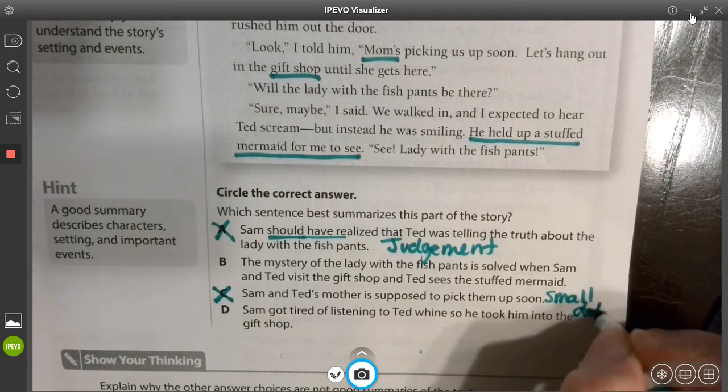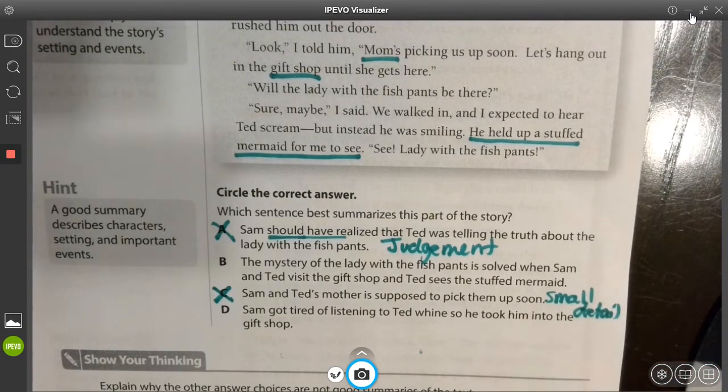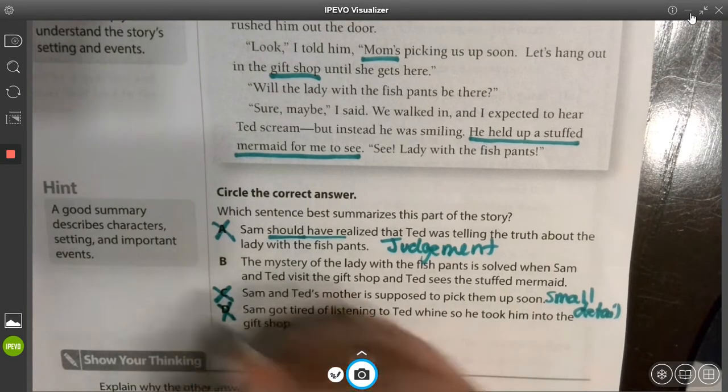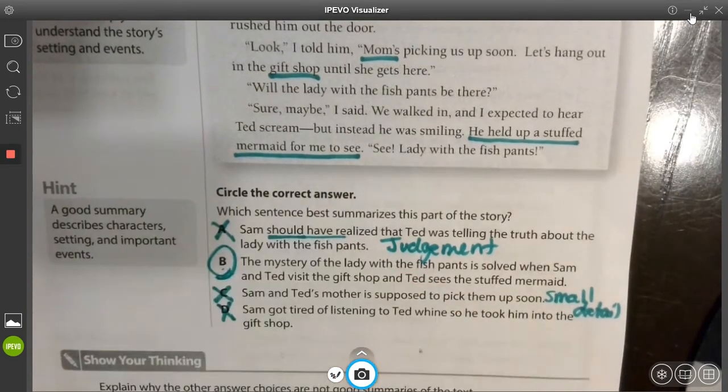And then D says Sam got tired of listening to Ted whine, so he took him into the gift shop. That's incorrect because the story says Sam takes Ted to the gift shop to wait for their mother, not because he's tired of his whining. So that's not the good one. So B is your best choice.